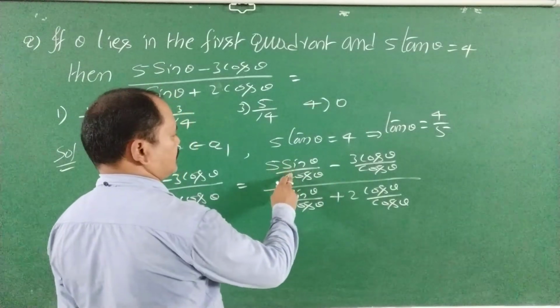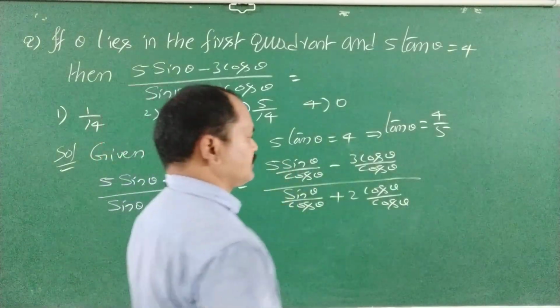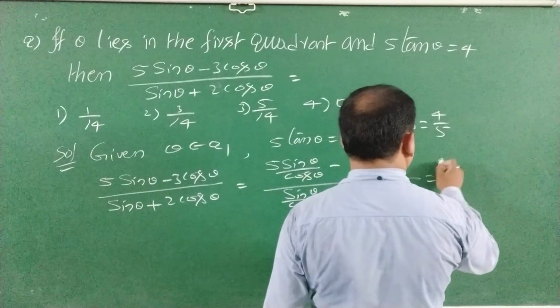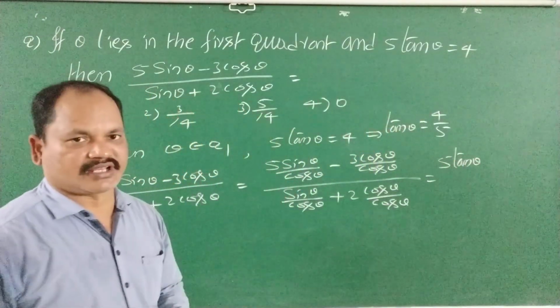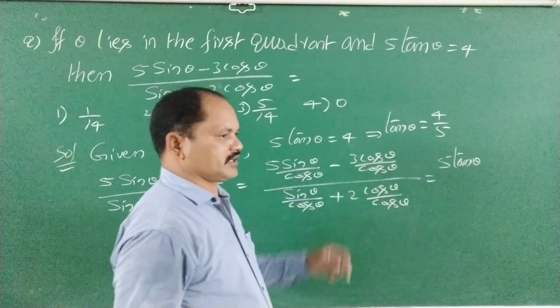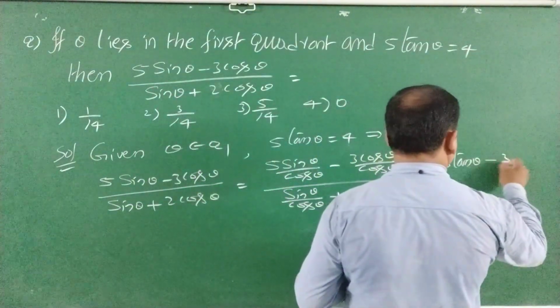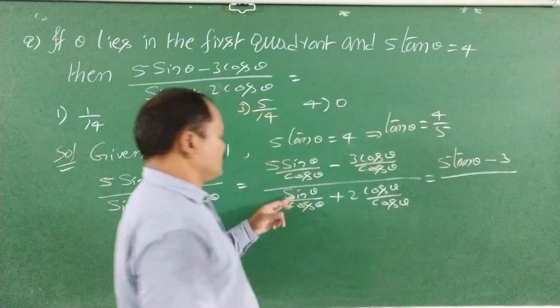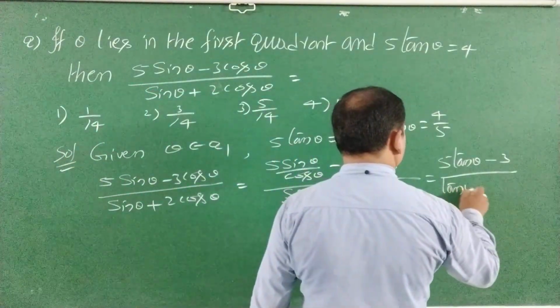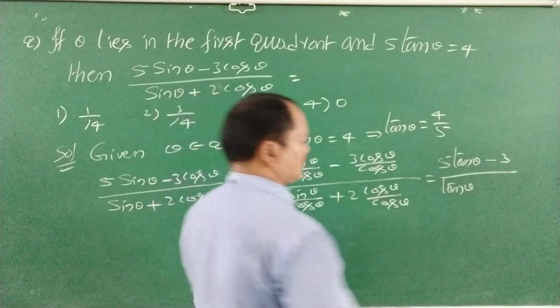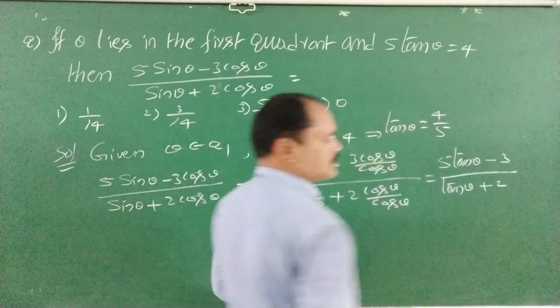Sin theta by cos theta is tan theta. That's why this is 5 tan theta. And cos theta gets cancelled, it is minus 3, whole by, here sin theta by cos theta is tan theta, and cos theta gets cancelled, it is plus 2.